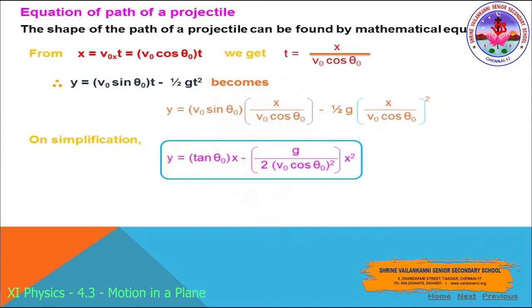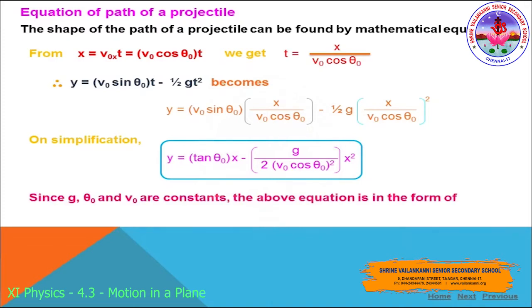So y is equal to x tan theta minus g by 2 V naught squared cos squared theta, where we have taken the square out, so only V naught cos theta squared. Got it?